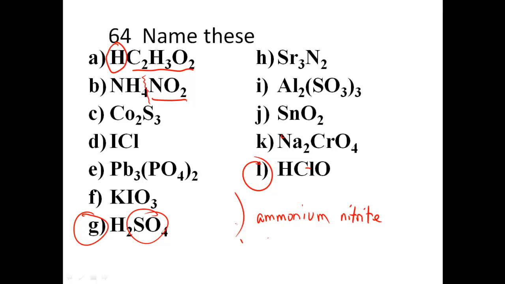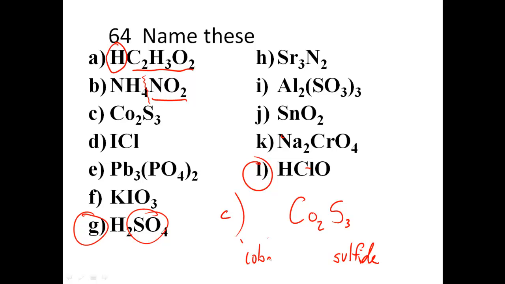Let's take a look at C. The reason I want to take time to remind you about C, of course you've probably already written these and given some thought to C, but we see here, I'm going to rewrite it, cobalt and sulfur, and we see 2 cobalts and 3 sulfurs. What's the name going to be? Well, of course, this is sulfide, and this is cobalt, but cobalt can have more than one charge.